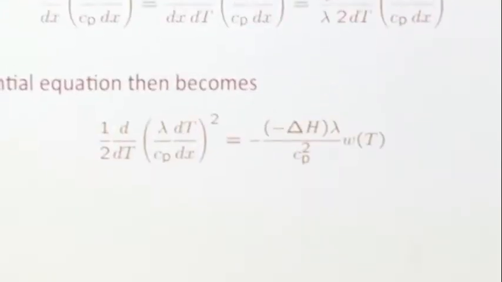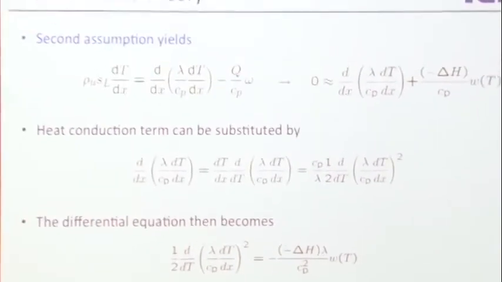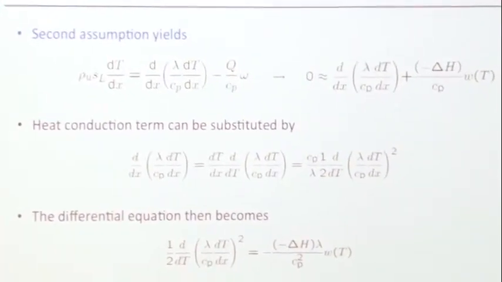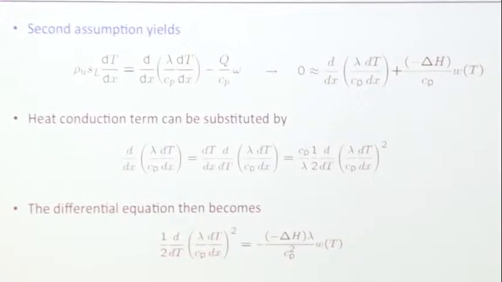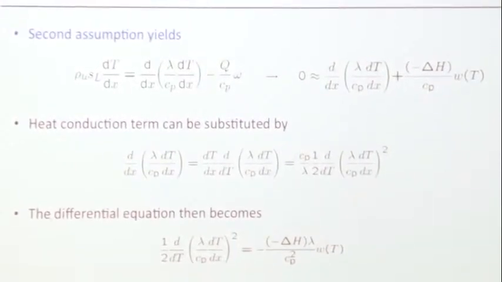So now, second assumption, now we want to look at the reaction zone. Reaction zone, we say the convection term is 0. So diffusion is equal to chemical source term. Because the temperature is a unique function of x, we can replace the d by dx by dT by dx, d by dT. Okay? And then you see you can move the dT/dx inside.